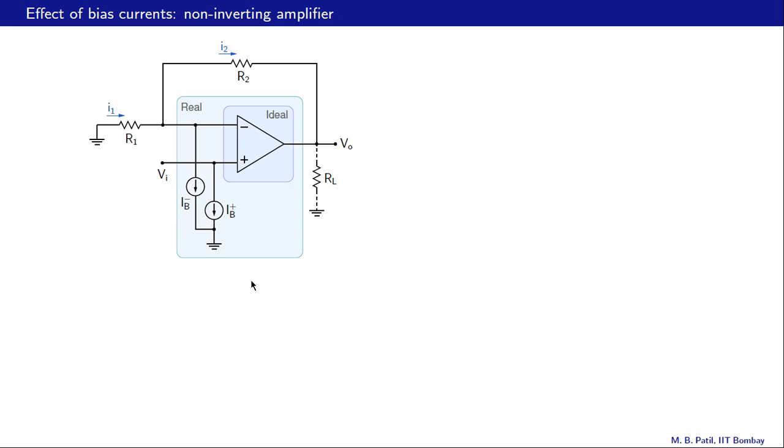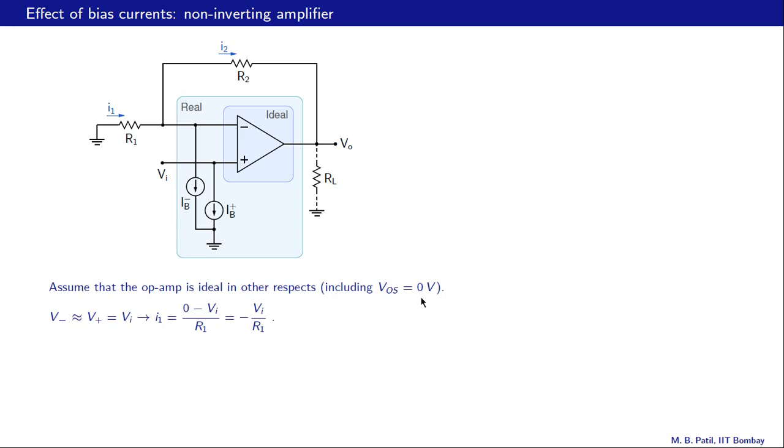Let us now look at the effect of bias currents on a non-inverting amplifier. To begin with, we replace the op-amp with this model, which includes the bias currents. And we will assume that the op-amp is ideal in other respects, including VOS equal to 0. Now since this op-amp is ideal, V minus and V plus are equal.